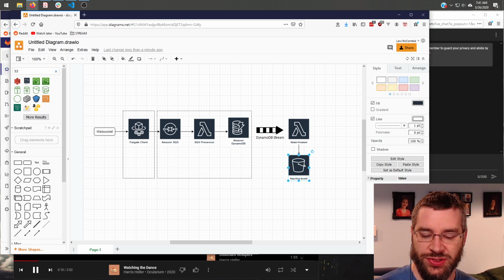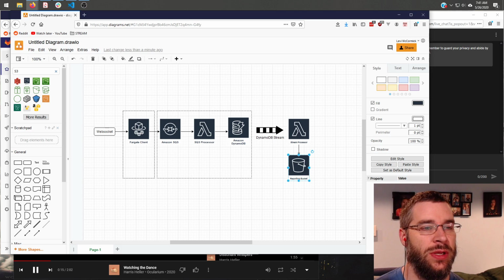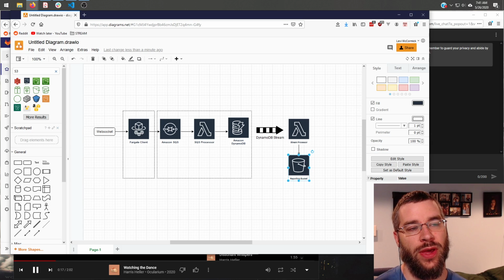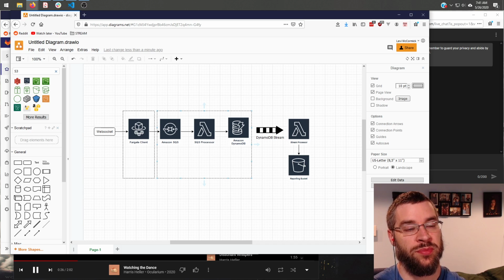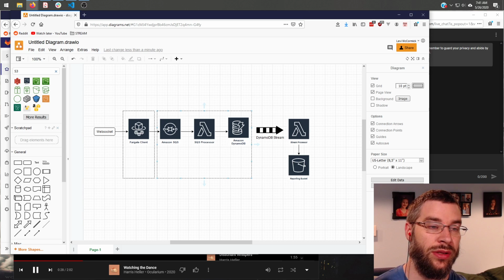So if we define it all as one service, we say that nothing else should be reading or writing from these things. Then I will take your data layer items and deploy those all as one stack.